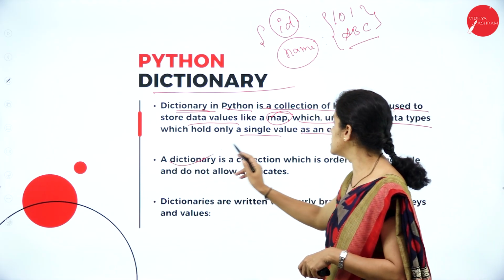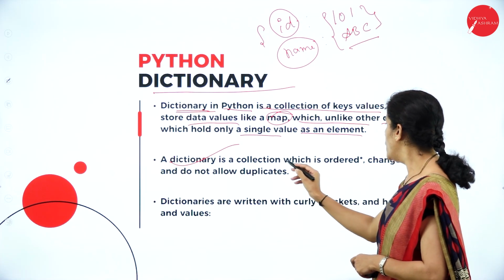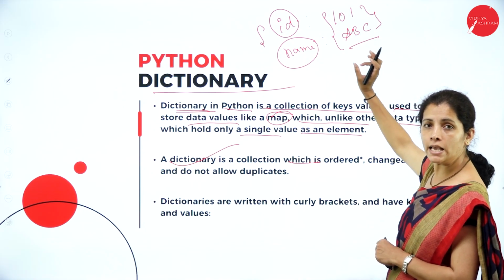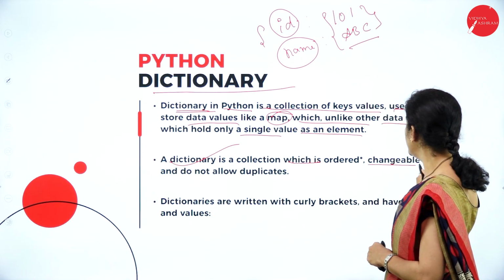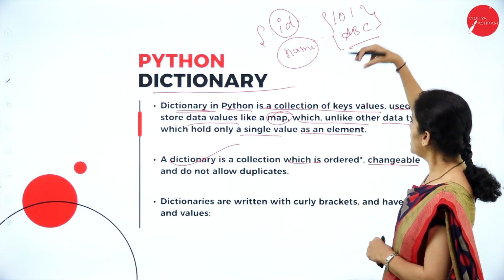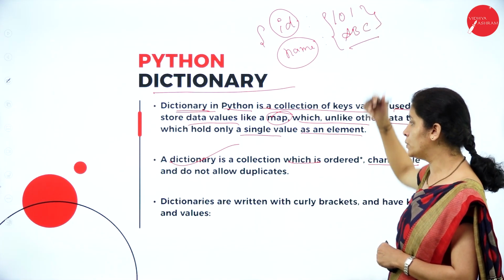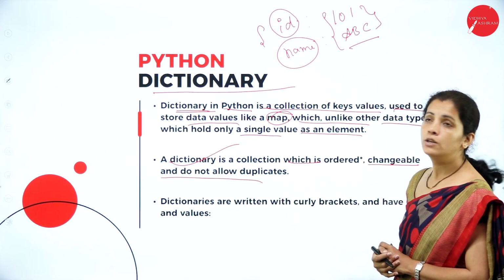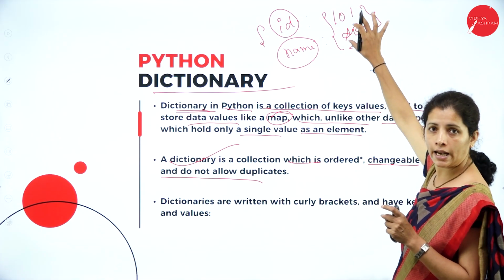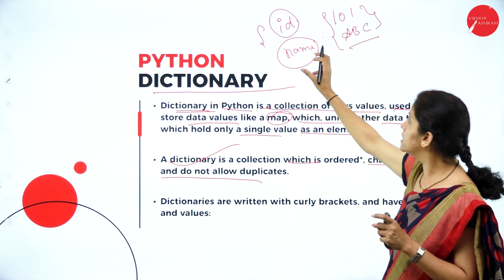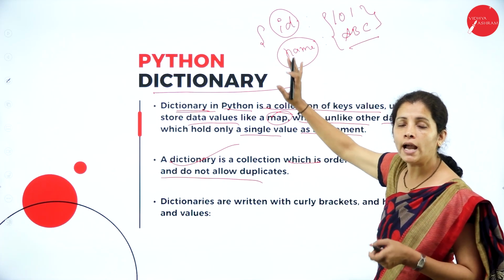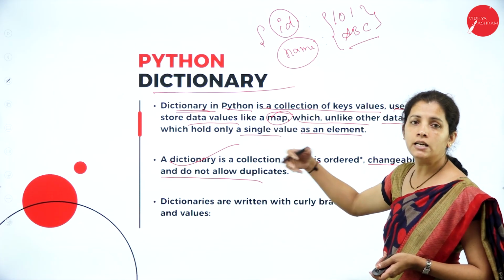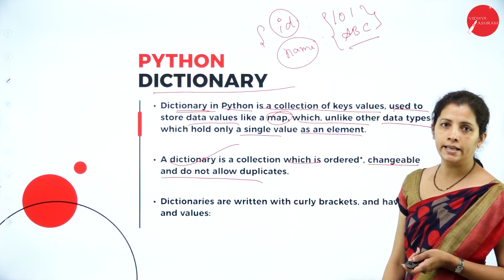A dictionary is a collection which is ordered, so all the elements are placed in some order. Changeable, in the sense that I can change the values, and it does not allow duplicate entries. In my data, I can have duplicate entries, but in my keys, I don't have any duplicate entries. In the sense, a dictionary does not allow duplicate keys.